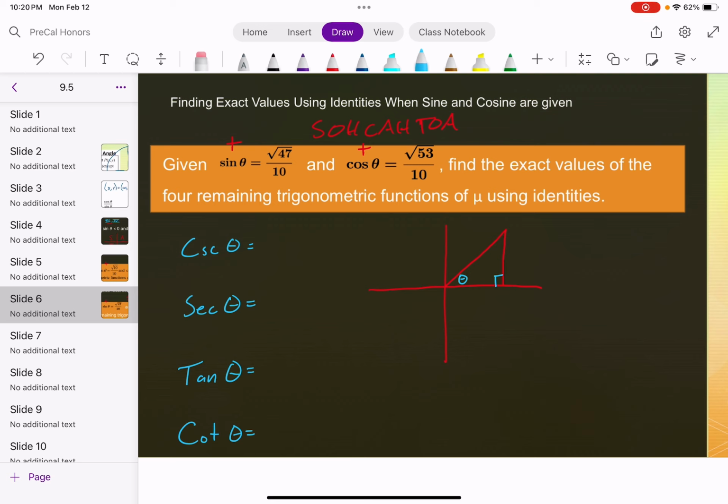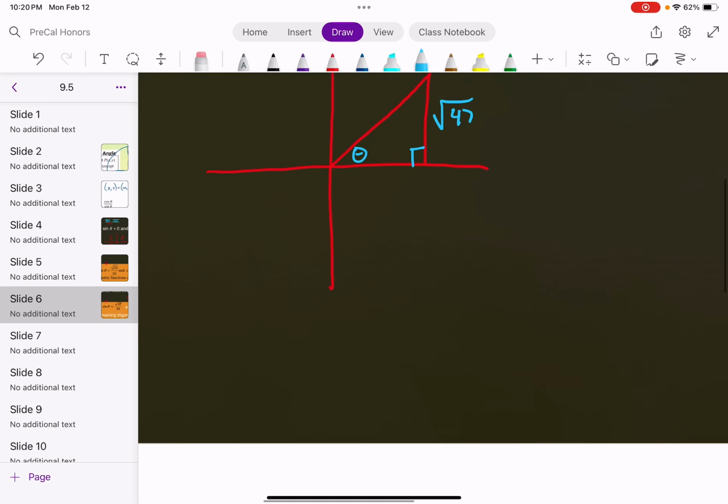Whenever finding cosecant, keep in mind we are going to go ahead and do the inverse of sine. So this would be 10 over the square root of 47. Keep in mind, sine would be opposite over hypotenuse. Our opposite would be the square root of 47, and our hypotenuse would be 10.